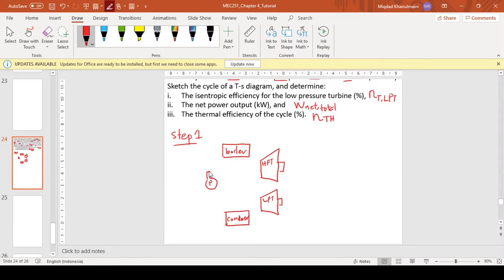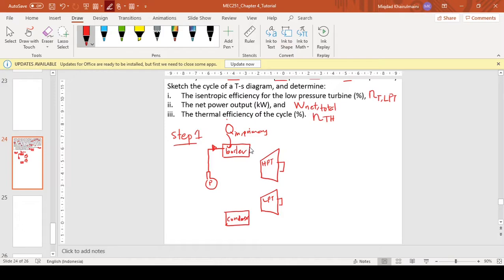So exiting the pump, entering the boiler. So this is a reheat Rankine cycle. So the first time it enters the boiler will be the Q primary.